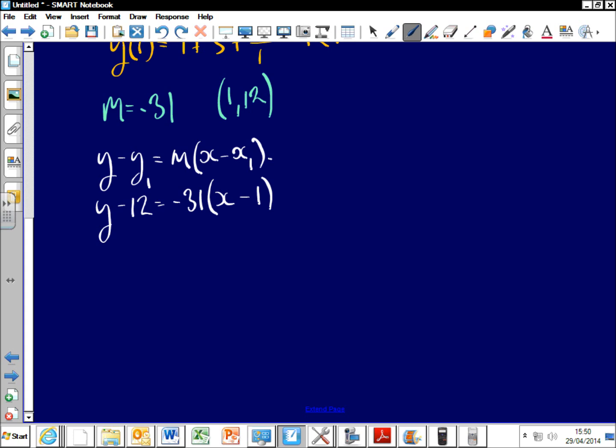Okay, and that's the equation of the tangent. Who managed to get that? Did anyone rearrange it? Should we just rearrange? You get all the marks for getting it to there, but if you want to rearrange it, you're going to get y is equal to minus 31x plus 31 plus 12. So what's that? Plus 43. Did anyone get that? Is that okay?